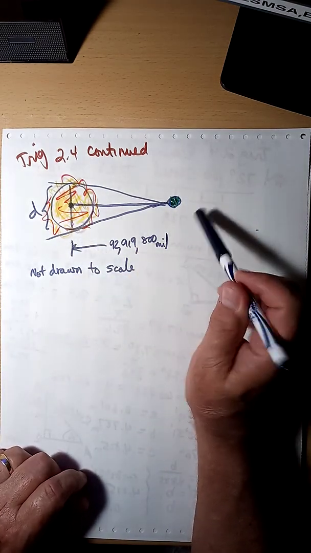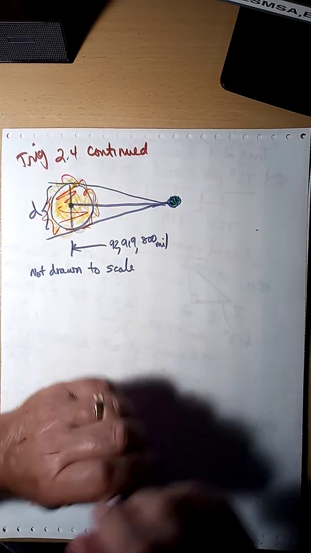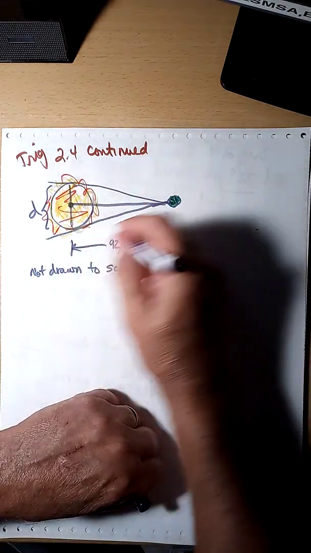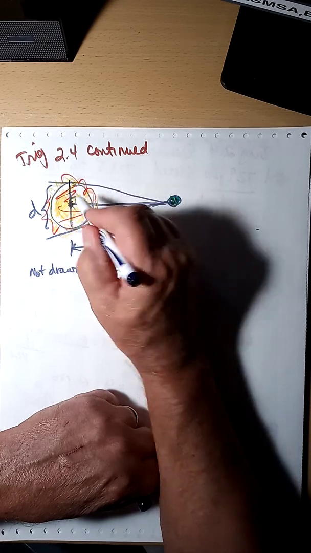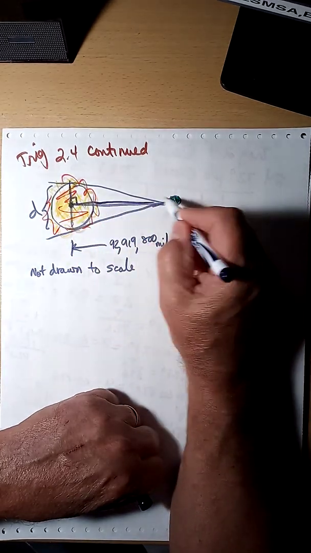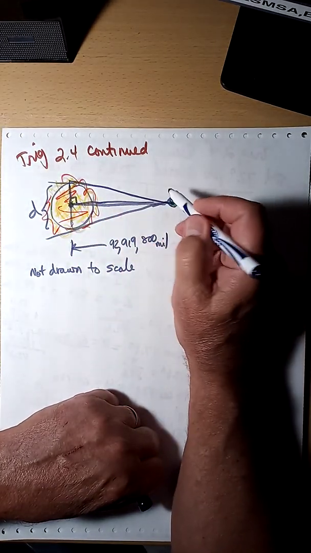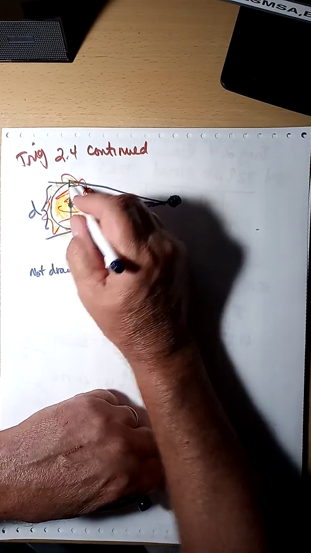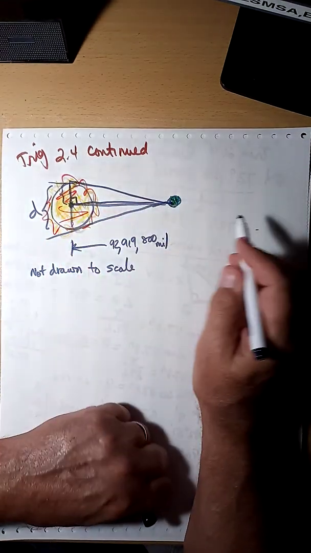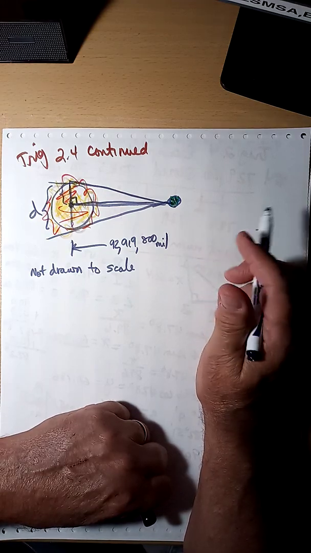Well, this is not a right triangle, it's an isosceles triangle, but there is a right triangle here. And we can find then half of this D because it's one of the legs.